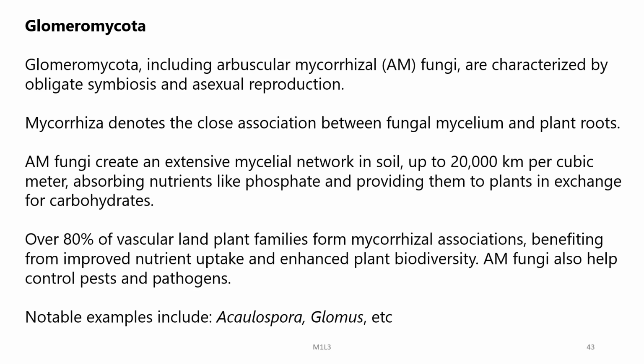Over 80% of vascular land plants form mycorrhizal associations, benefiting from improved nutrient uptake and enhanced plant diversity. Arbuscular mycorrhizal fungi also help control pests and pathogens. Some notable examples include Acaulospora and Glomus.